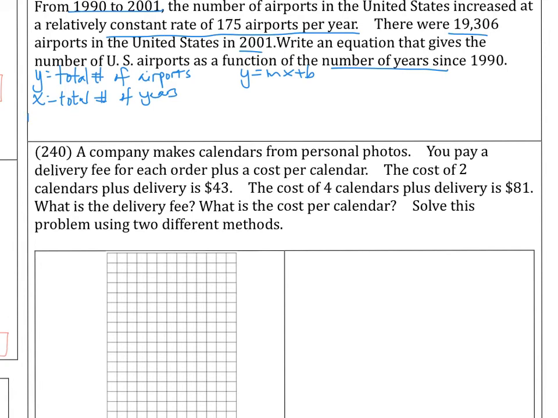And your m will be your rate, constant rate, and your b would represent the number of airports in 1990.